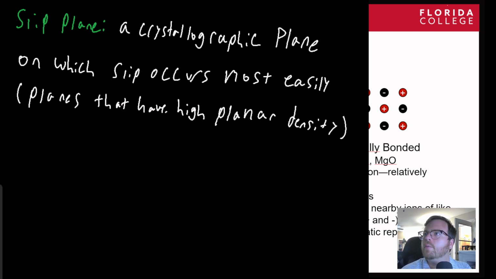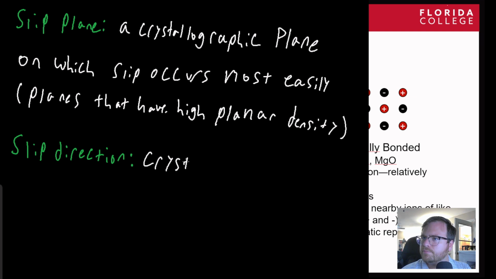All right, now we need to have our slip direction. And this is the crystallographic direction along which the slip occurs.